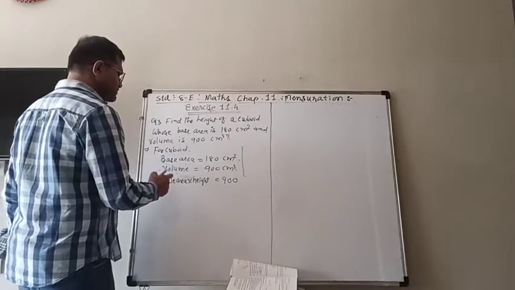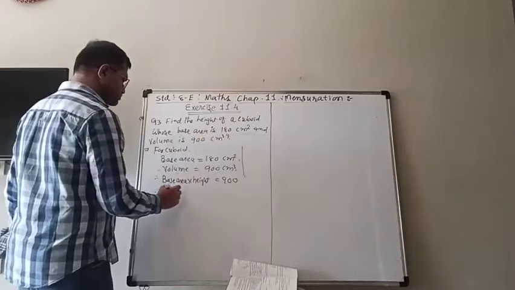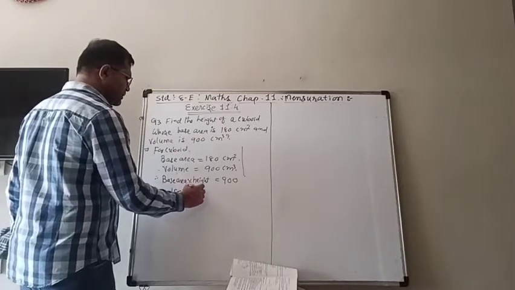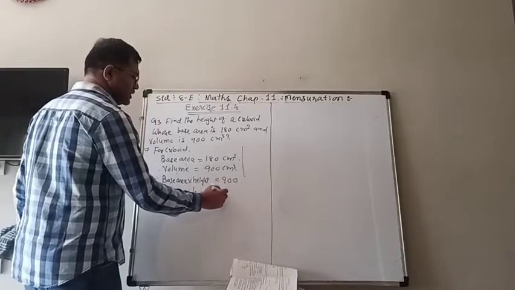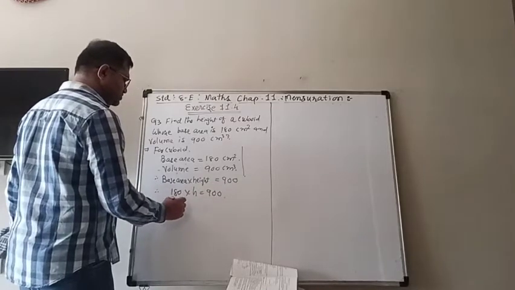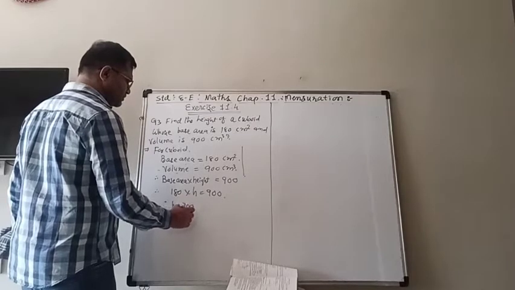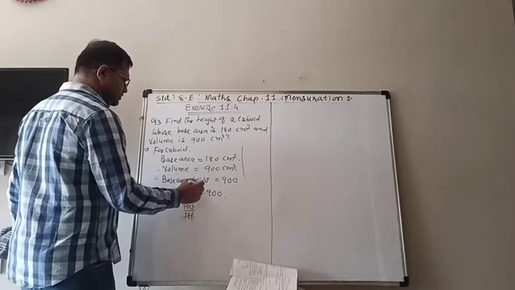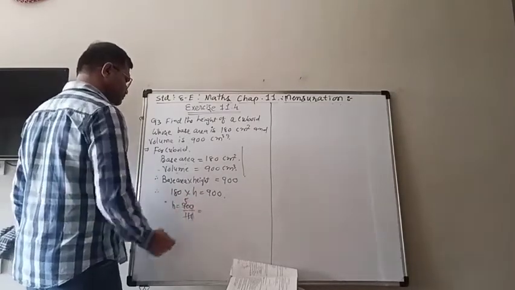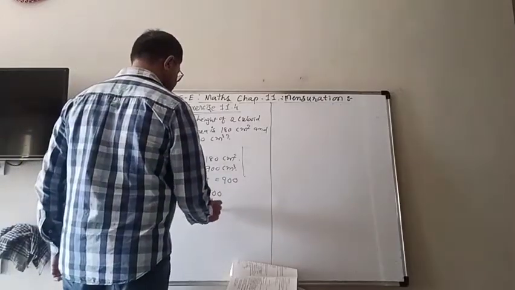What is base area? 180. So 180 multiplied by H is 900. So H is equal to 900 upon 180. 18 5s are 90. So there is 5 centimeter.